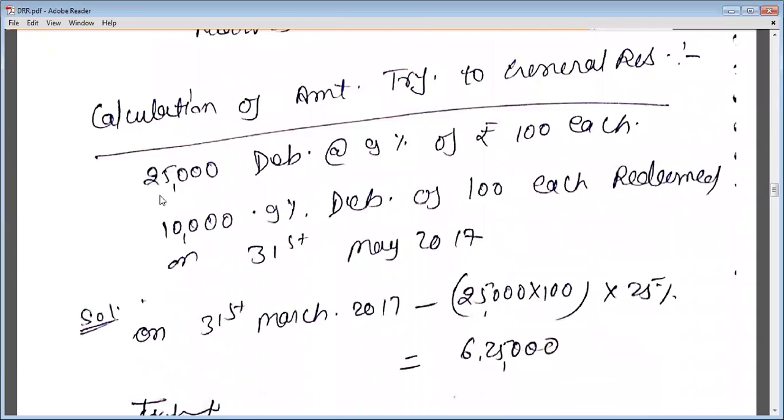Let's understand the example. 25,000 debentures at 9% of rupees 100 each. 10,000 9% debentures of 100 each are redeemed on 31st May 2017.